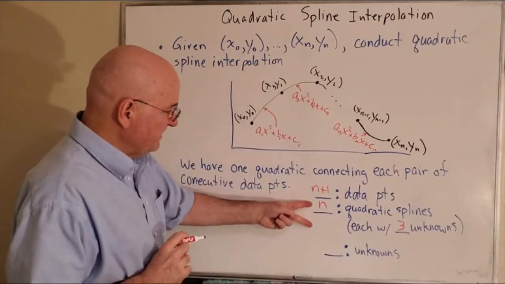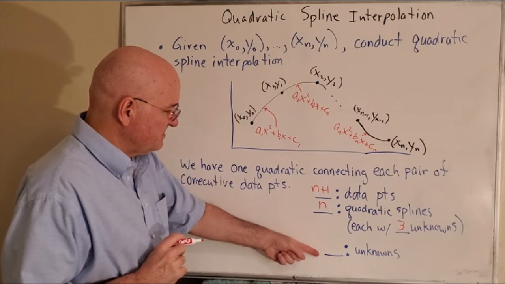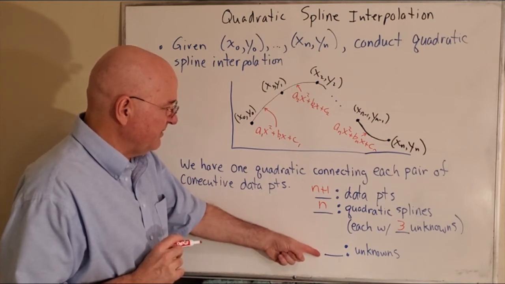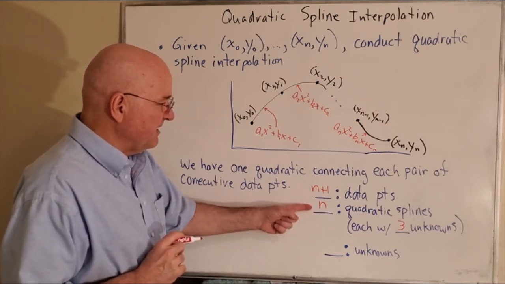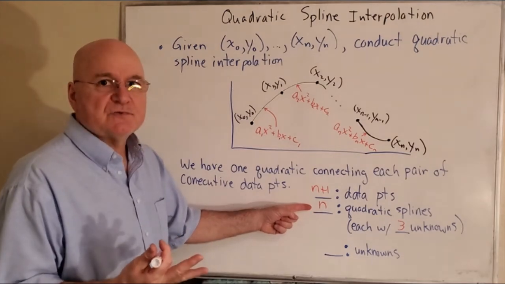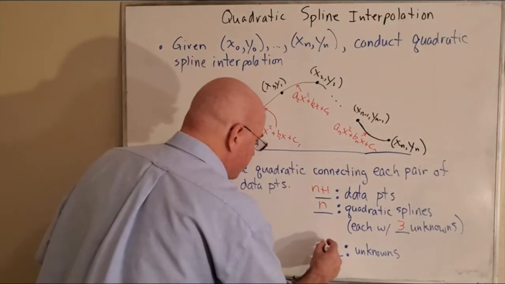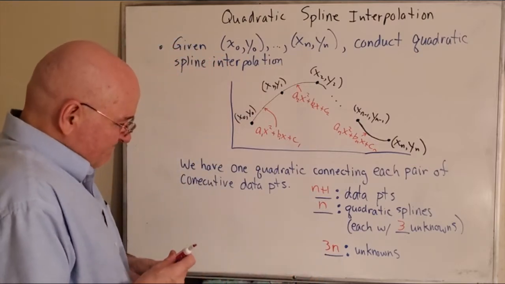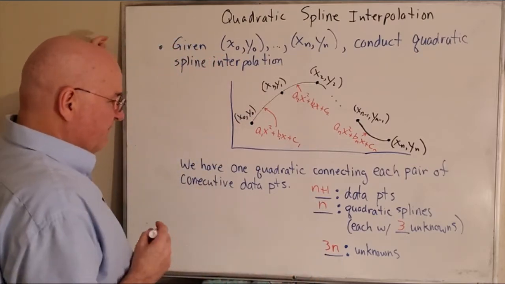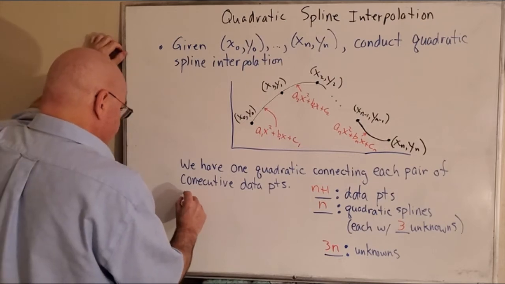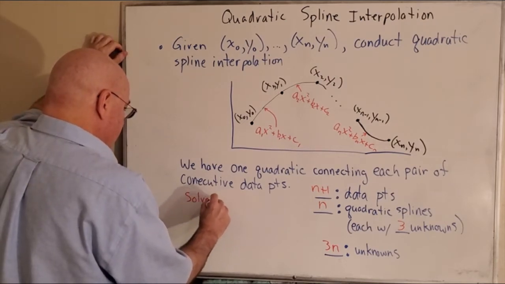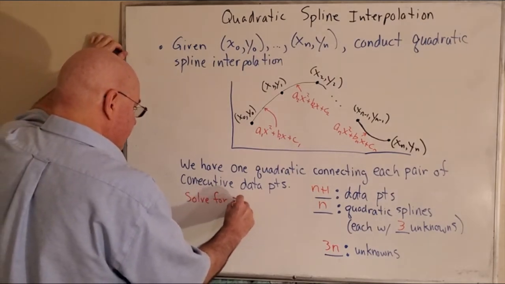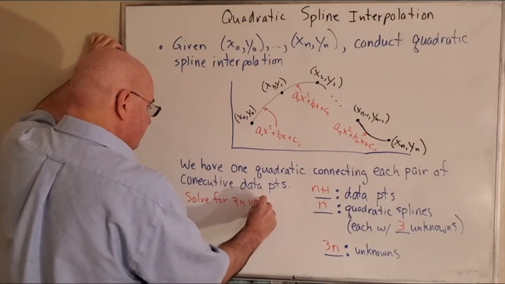So from this, what can we deduce or imply for here? In quadratic spline, each one with 3 unknowns, so we have 3n unknowns. So how do we solve for 3n unknowns? I'll just put solve for 3n unknowns.